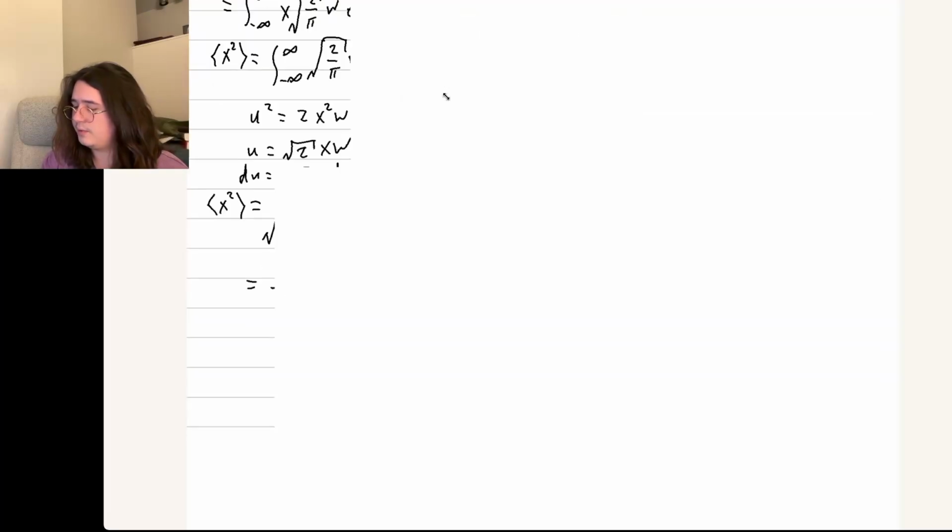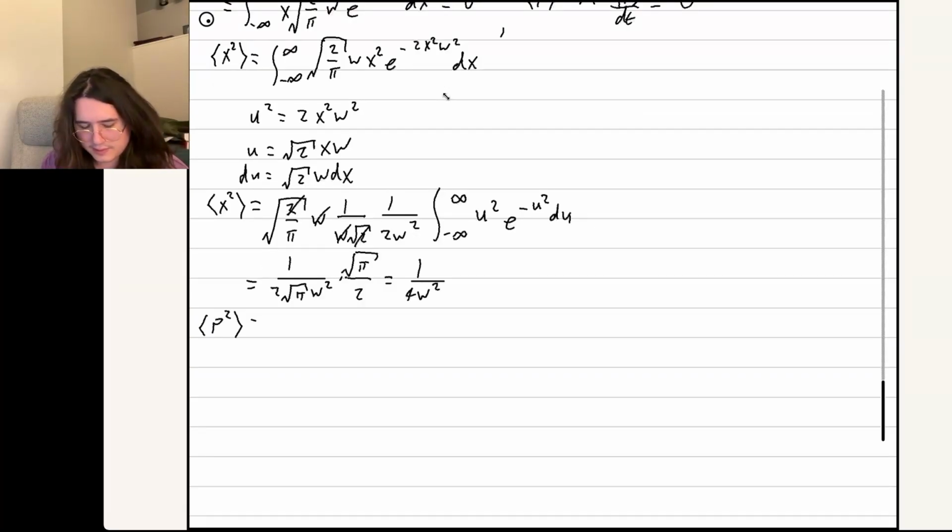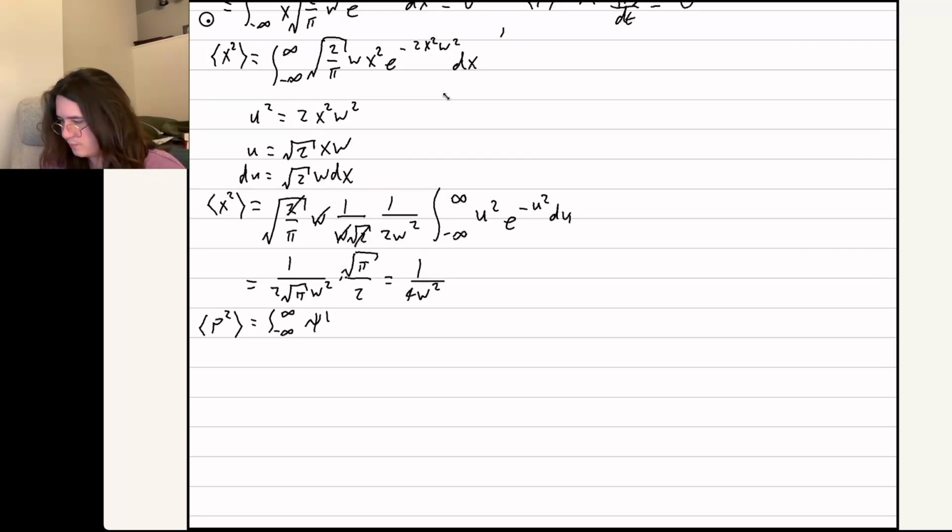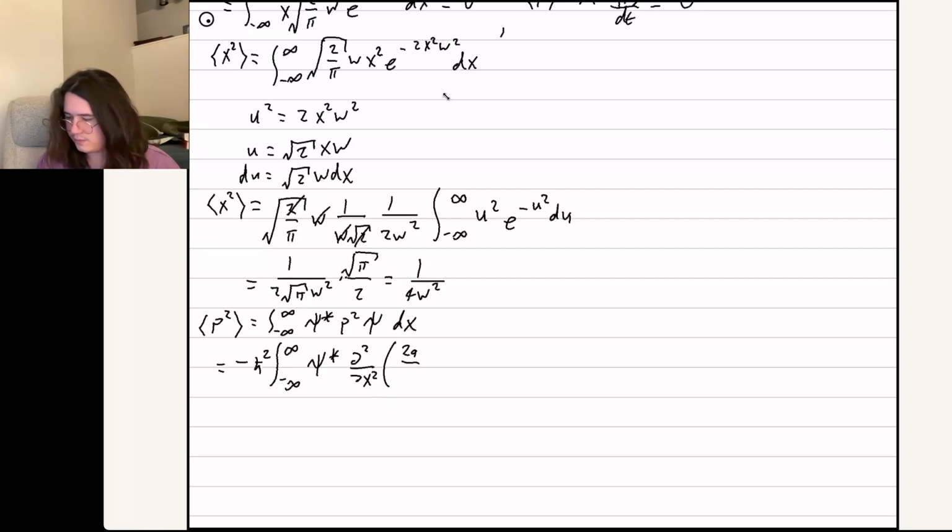That's lovely. Now we need to do p squared, and this is the suckiest part of this problem, I'll say that. Because expanding the definition of the momentum operator and also of psi, not psi star, I'm just expanding psi, of 2a over pi to the 1/4 times 1 over gamma e to the minus a x squared over gamma squared dx.